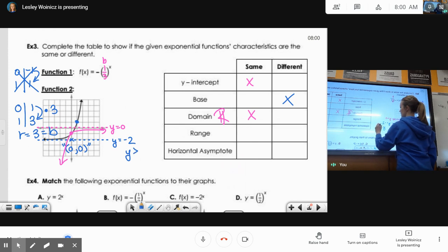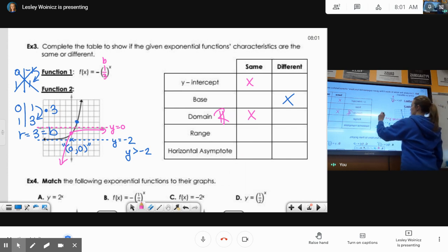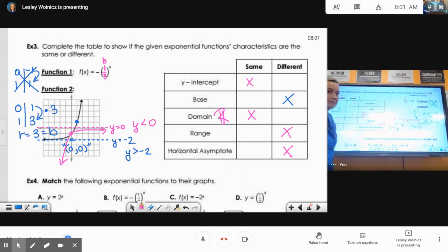Y is greater than, not or equal to, I said that wrong, it's just greater than -2, my bad. Okay, and then for the pink function, you can see that it's under. So it'll be y's that are less than 0. So those ranges are obviously very different. They overlap a little bit, but mostly they're very different. Okay, horizontal asymptote, obviously also different. That's not too bad. You can handle that.